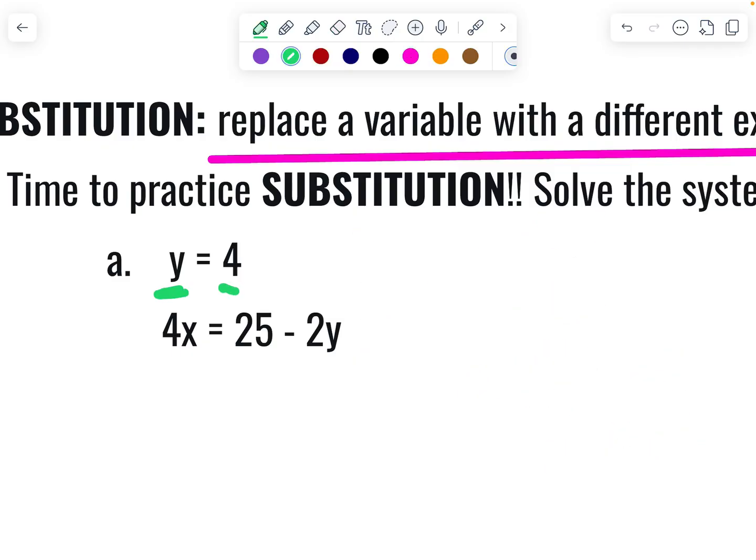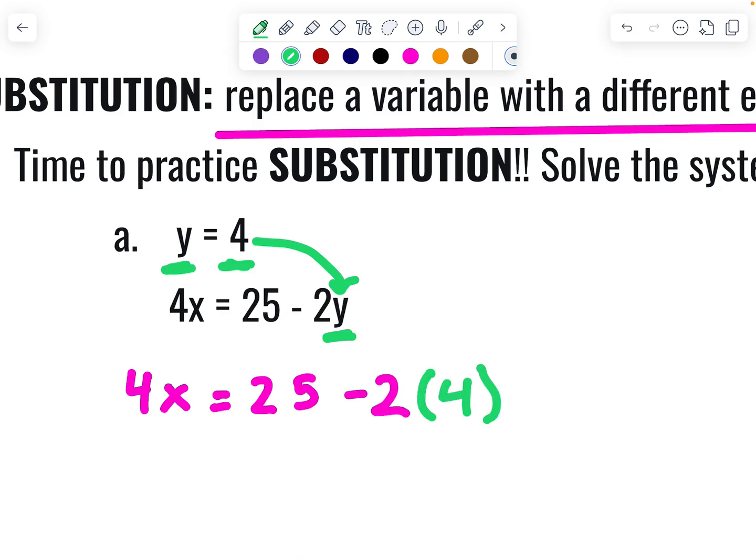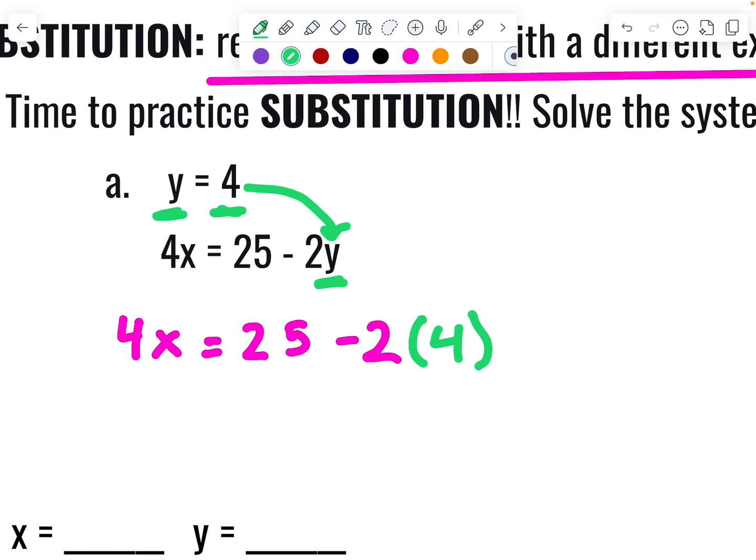Notice how this y is equal to 4. So whenever we have a y, we can just replace it with 4. That's substituting in a 4 for y. So we have 4x equals 25 minus 2, and then we're replacing y with 4. Okay, that's the substituting part. So then we're going to have 4x equals 25 minus 8.